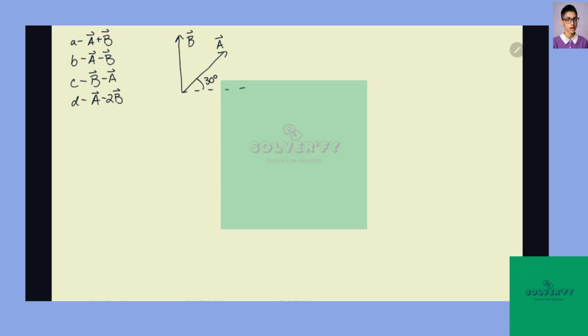So starting off with A plus B, the way that we visualize it is by taking one vector and then adding the tail of the second vector to the arrow of the first one. So this is going to be A, this is going to be B, right?